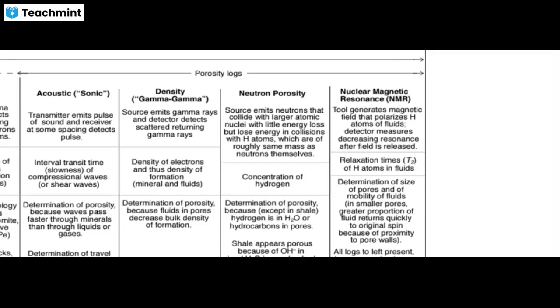So we are calculating the relaxation times T2 of the hydrogen atoms in the fluids, and also determining the size of the pores, the mobility of the fluids, whether it is a small pore or big pores, and the proportion of fluids which quickly go through the pore walls. So this is your NMR.